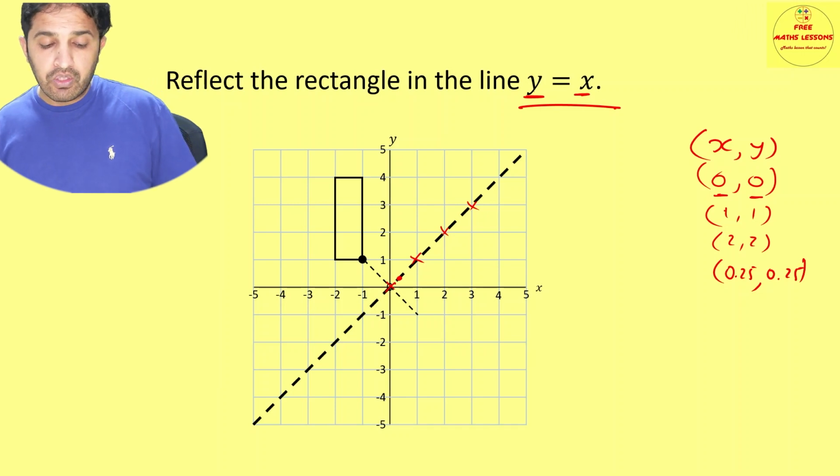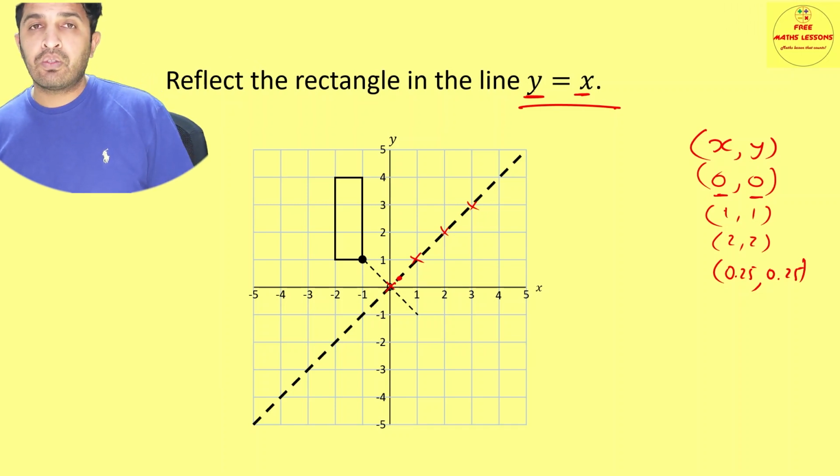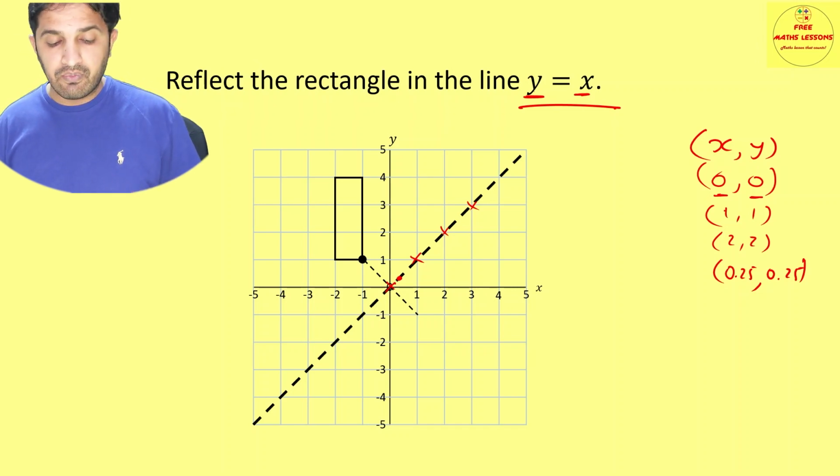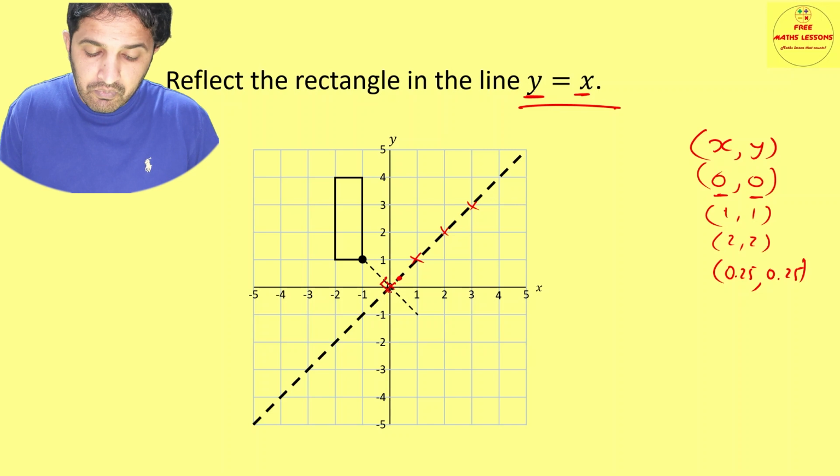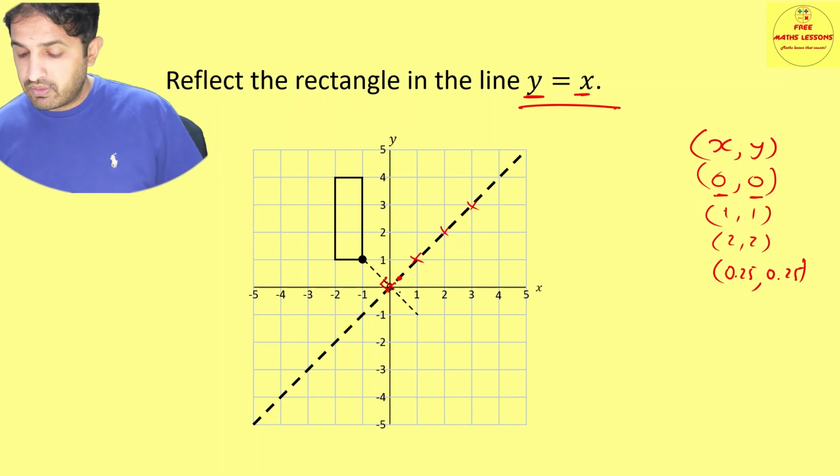So every single point on that line, the x value is going to be exactly the same as the y value. All we need to do now is reflect it. Again, you can use tracing paper to reflect that shape, or you can measure it diagonally, which makes a 90-degree angle to our line.